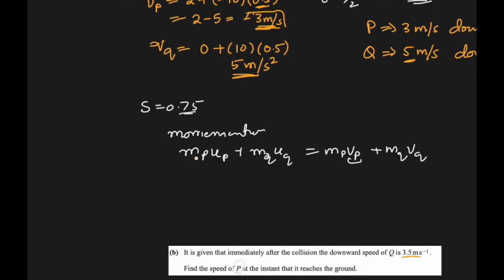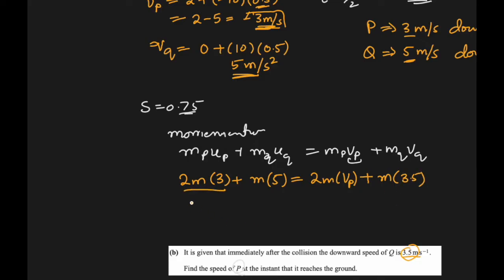So 2m, this one, up, the speed of P is 3 meters downwards. mq is m, just m, and its speed is 5 meters downwards. mp, which is again 2m, we don't know v, let's call it vp, plus mq, which is m, and vq, they have given that its speed is 3.5.